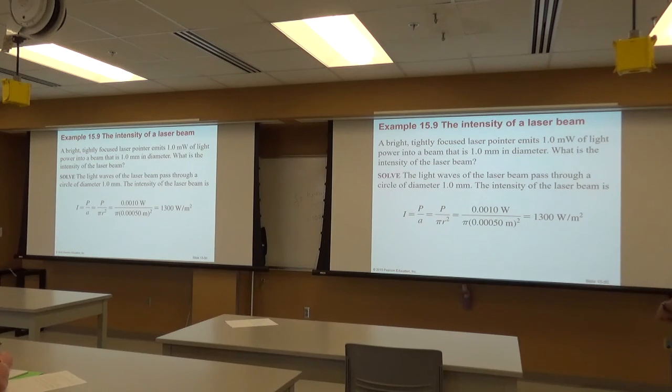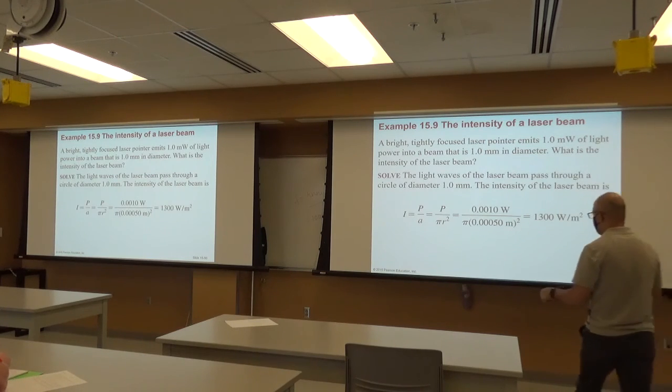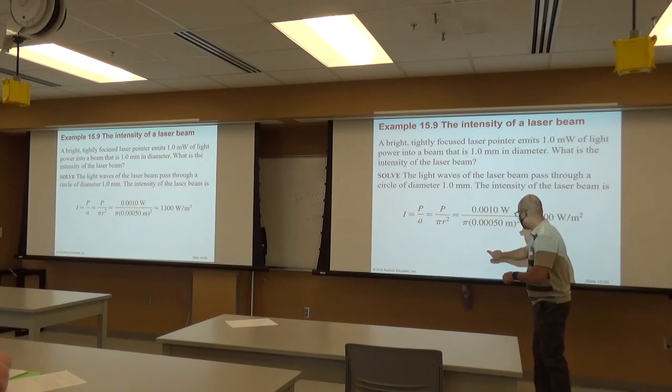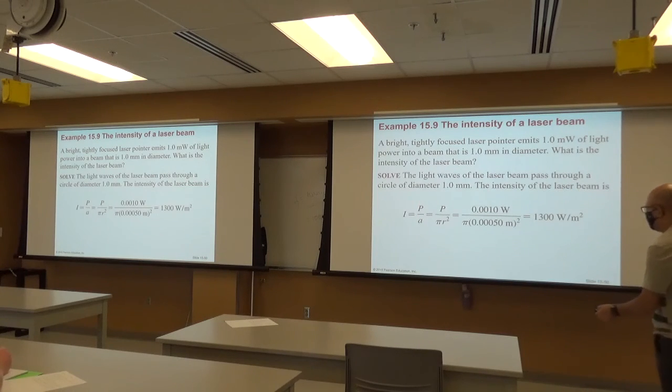So what would be the intensity of this laser point over that region? Intensity is given by power over area. Power is that. I change this milli to watt by dividing by 1,000, and then area is pi r squared.